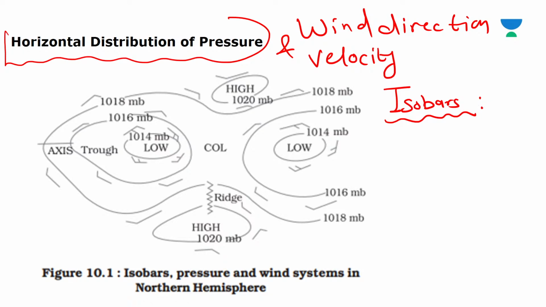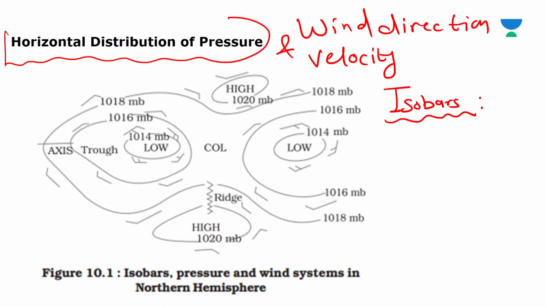In order to eliminate the effect of altitude on pressure, it is measured at any station after being reduced to sea level for purposes of comparison. The sea level pressure distribution is shown in the next map, which we will discuss.